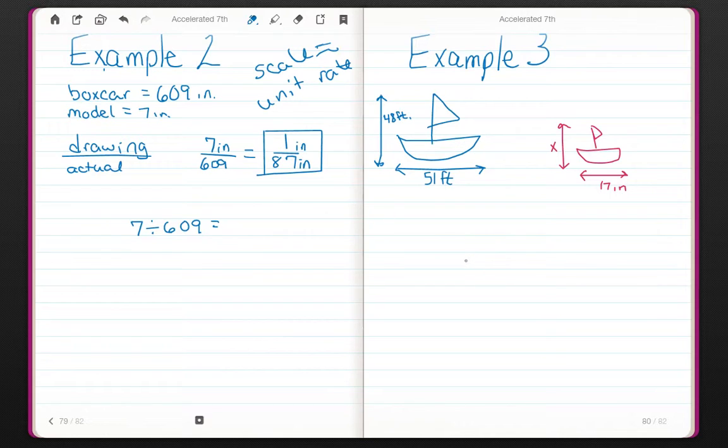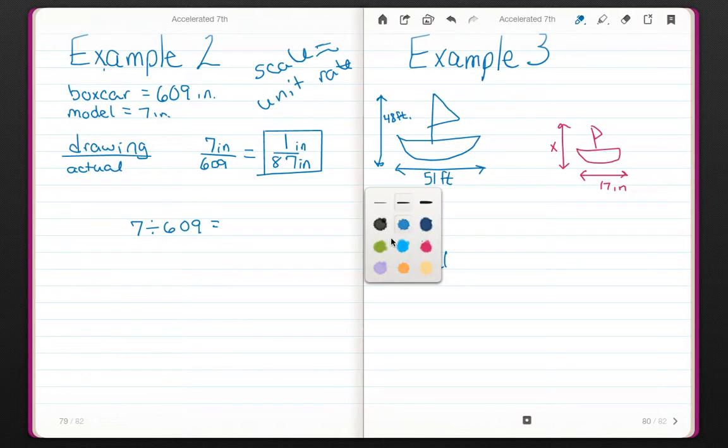Example 3. I have a sailboat. It's 51 feet long and 48 feet high. I want to make a scale model of my boat that is 17 inches wide. How tall is my boat? So I'm going to set this up with my actual boat and my model boat.